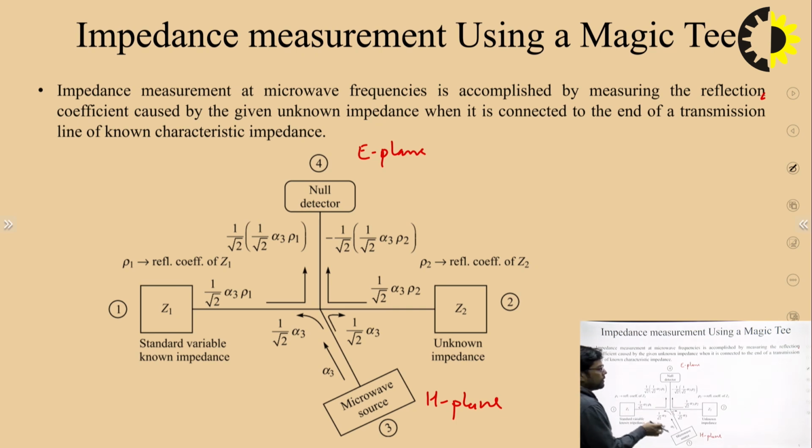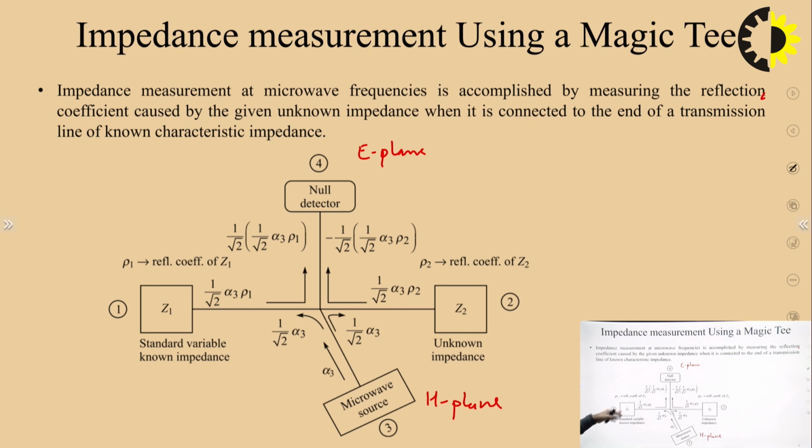So we can say this is a half power point, or 1 by root 2 in terms of voltage. So that's why it is 1 by root 2 alpha 3 and 1 by root 2 alpha 3, which is nothing but the half power points, or 1 by root 2 times the voltage points. So this power divider action you will get at port number 1 and port number 2.